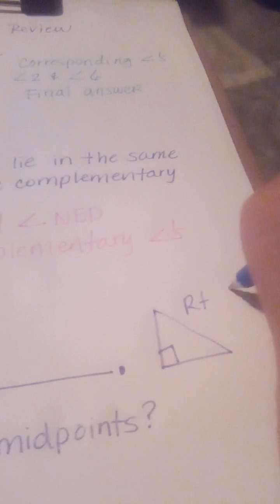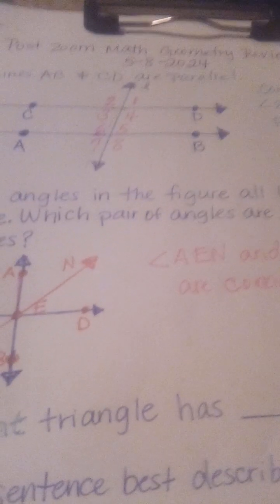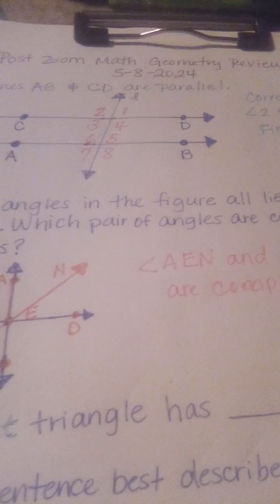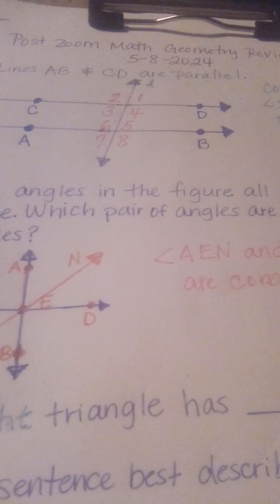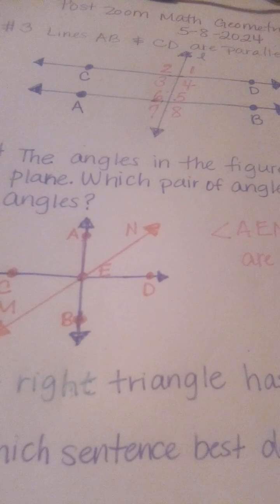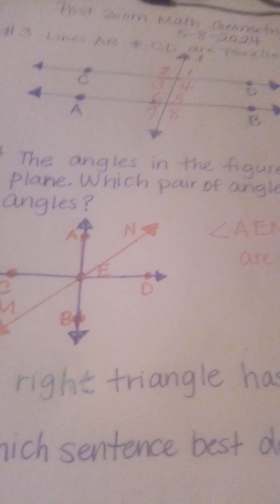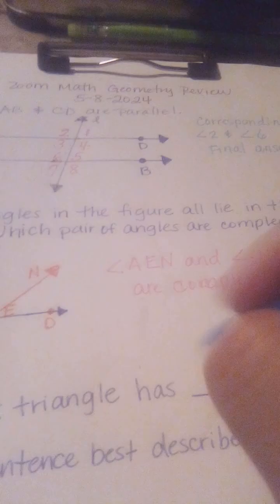All right? So it's one right angle, three right angles, two right angles, or all sides congruent. If you said one right angle, you're right.